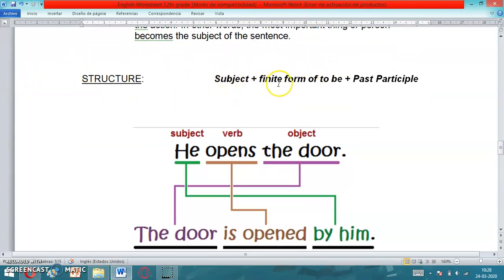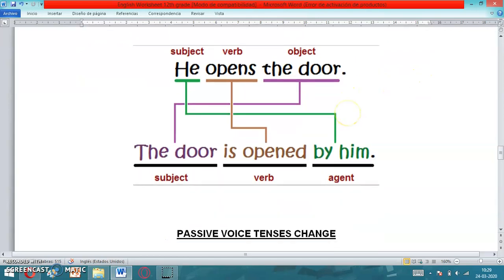Subject, the finite form of the verb to be plus past participle. This is an active sentence. Okay? Subject, verb, and object.